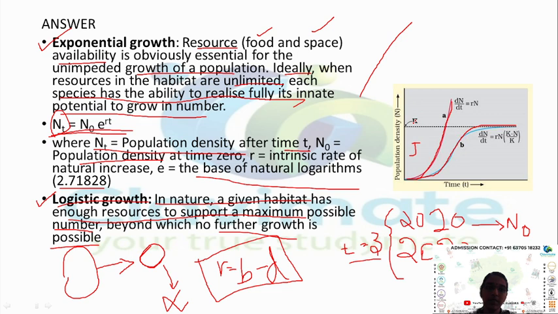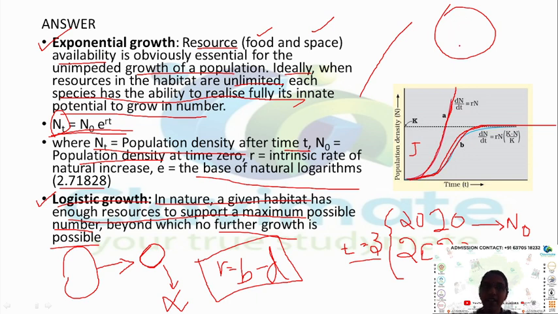So we have exponential growth, it's reaching a height, it is growing on. Whereas logistic growth becomes stationary at a point, because the habitat will accommodate only 10 people, for example.